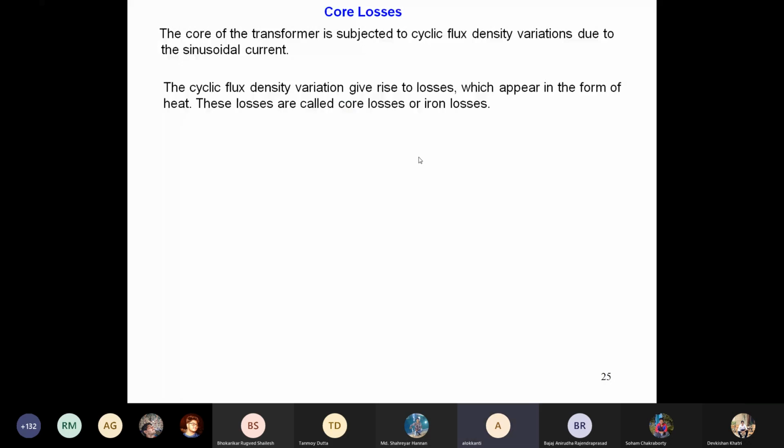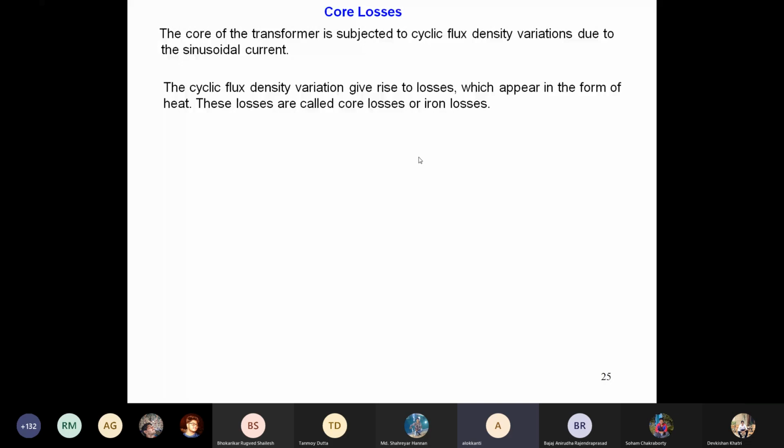So the flux variation will also take place in a cyclic manner. This cyclic flux density variation gives rise to losses which appear in the form of heat. We have also discussed these losses. These losses are known as core losses or iron losses. You see, all these losses that are taking place in the form of heat are basically in the iron, in the core piece.